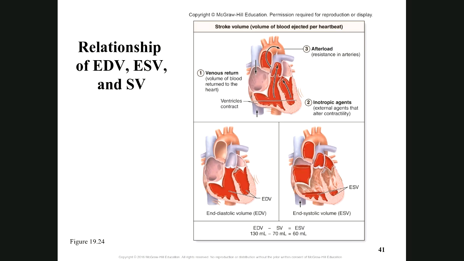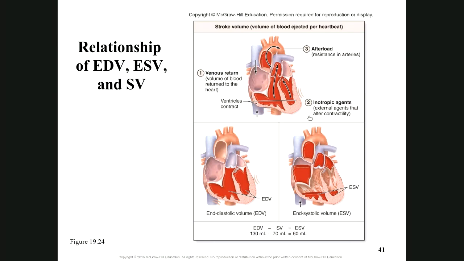In this picture, you can see the relationship between EDV, ESV, and the stroke volume. Here, you see that the stroke volume is dependent on the venous return. So when the venous return increases, when the amount of blood which comes down to the atria increases, then the stroke volume goes up. The other one is the inotropic agent.